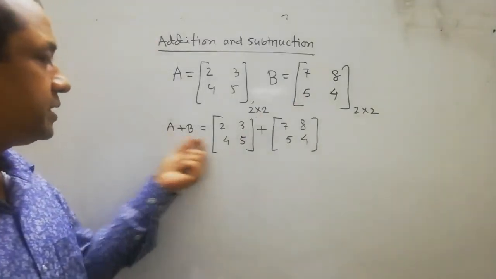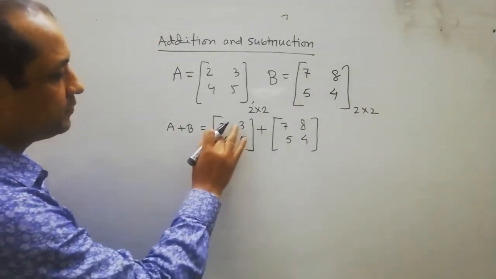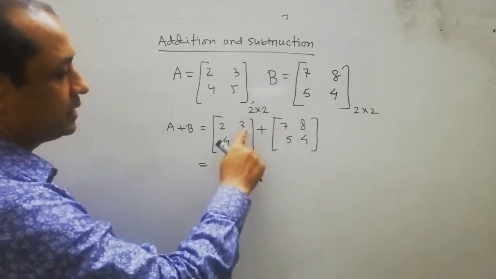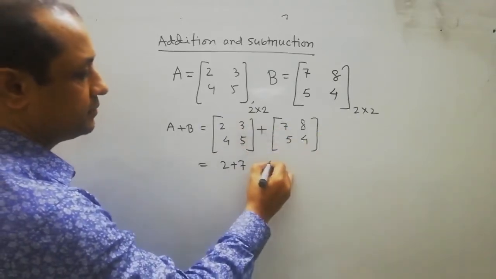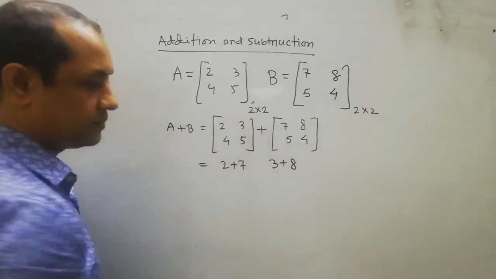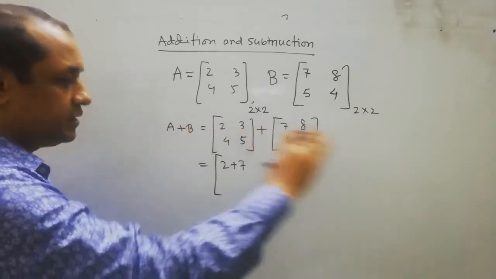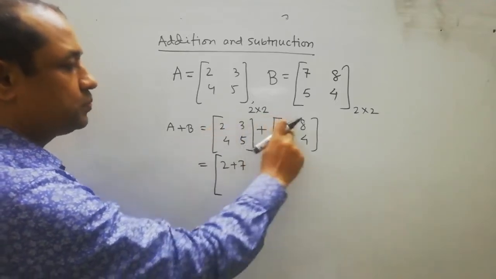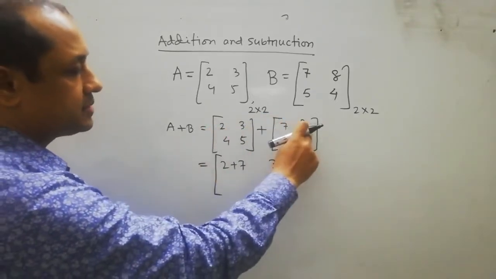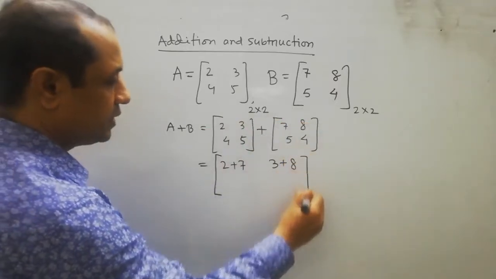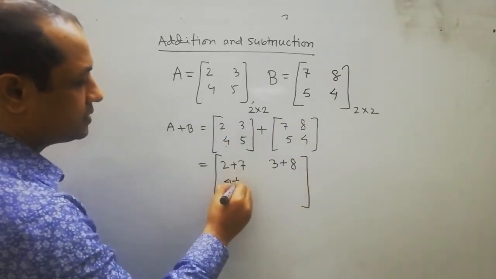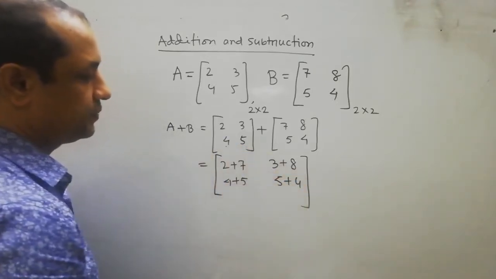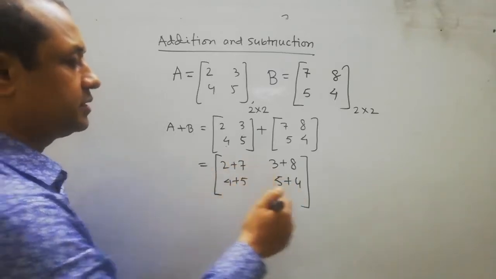A plus B means first entry plus first entry, so 2 plus 7, and second entry plus second entry, 3 plus 8. Now third entry plus third entry and fourth entry plus fourth entry. So students, this is the addition matrix.